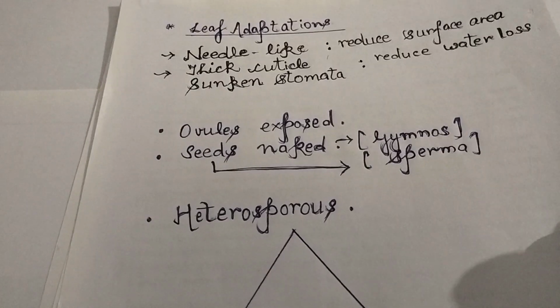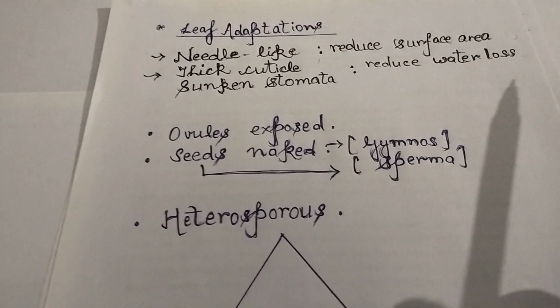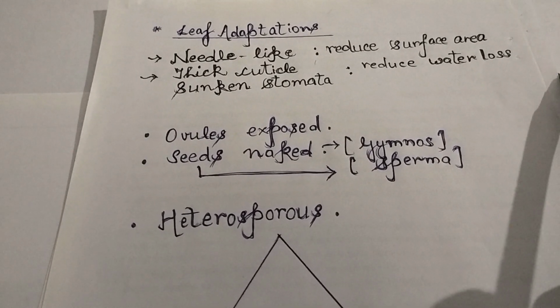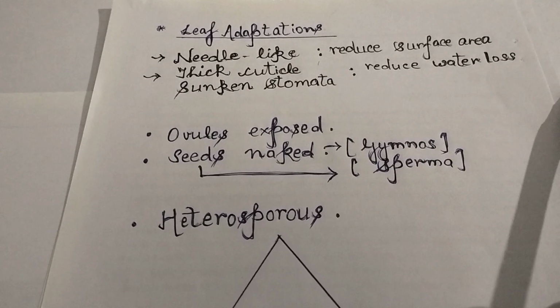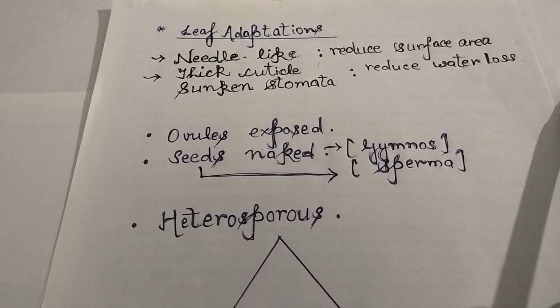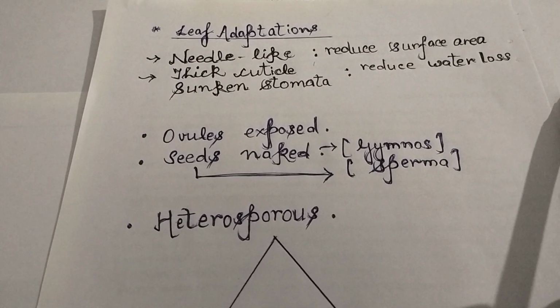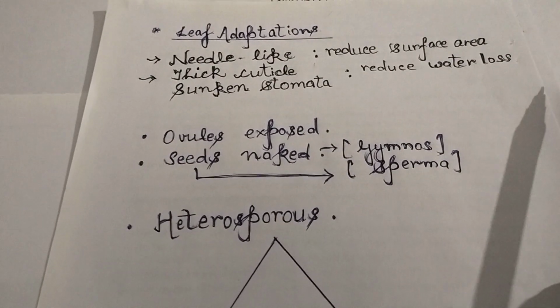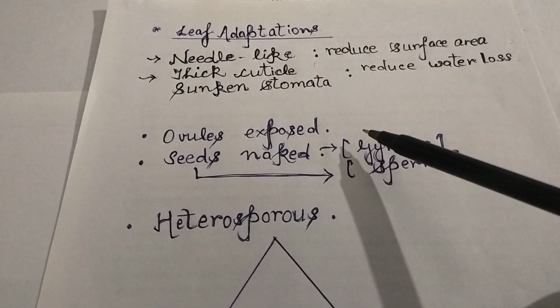Now, next character. Gymnosperms are plants in which ovules are exposed. Exposed means they are not enclosed by any ovary wall. Ovules generally are covered by an ovary wall, but in gymnosperms ovules are exposed.